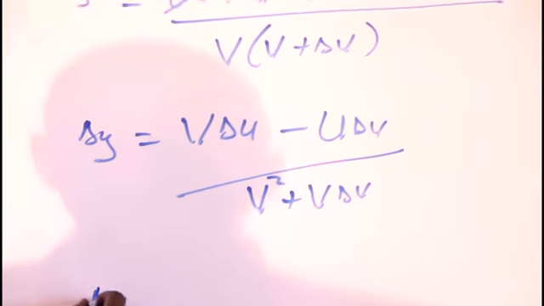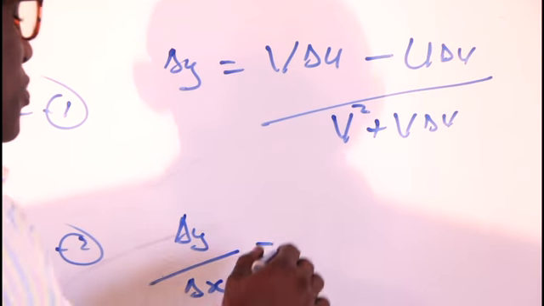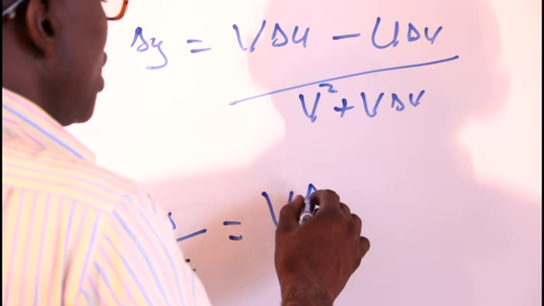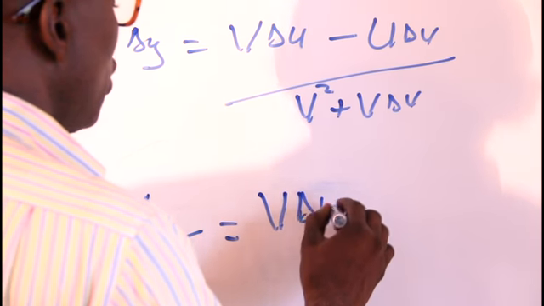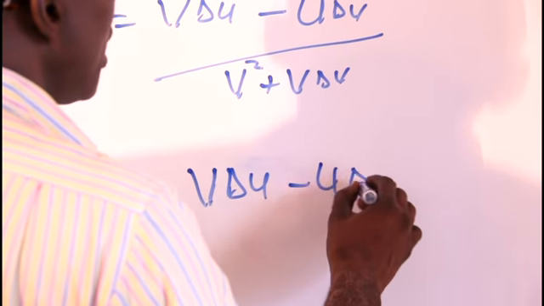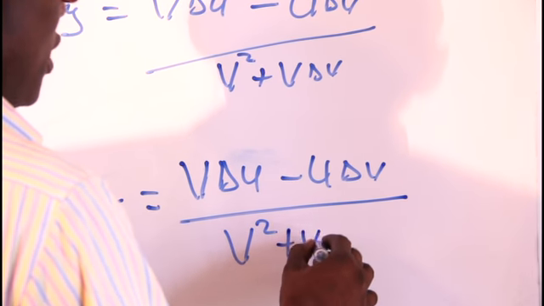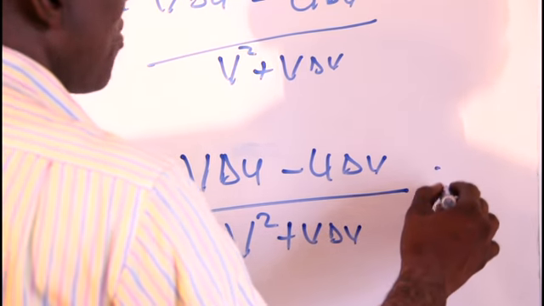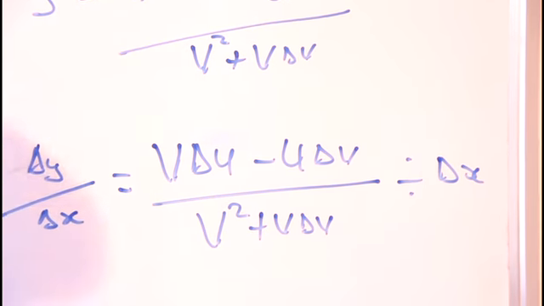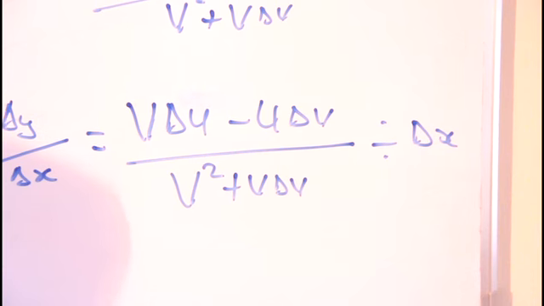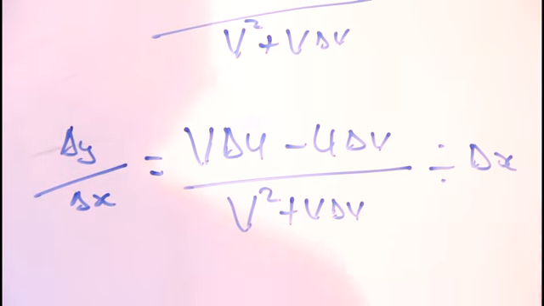Now that will give us change in y over change in x being equal to v change in u minus u change in v all over v squared plus v change in v, divided by change in x.